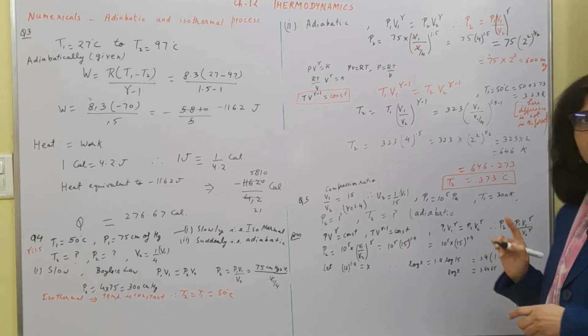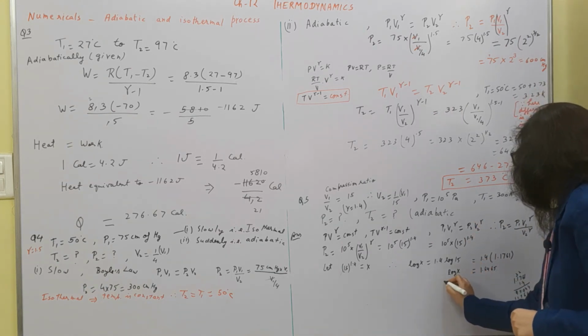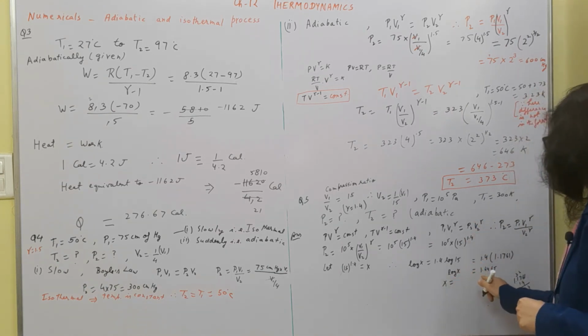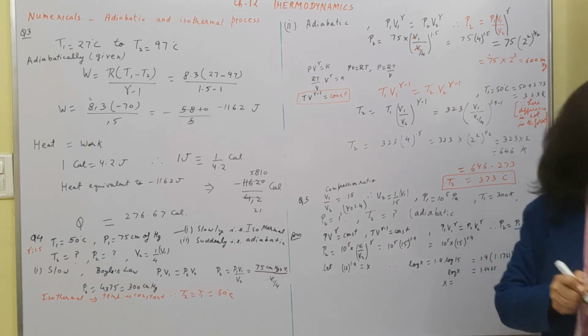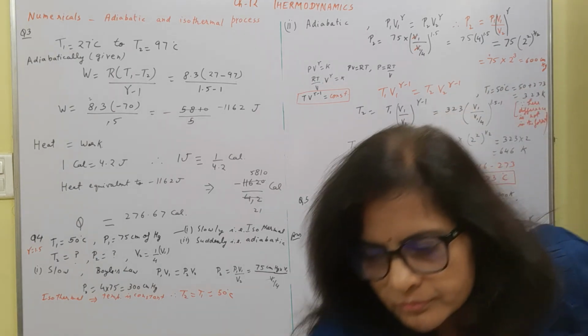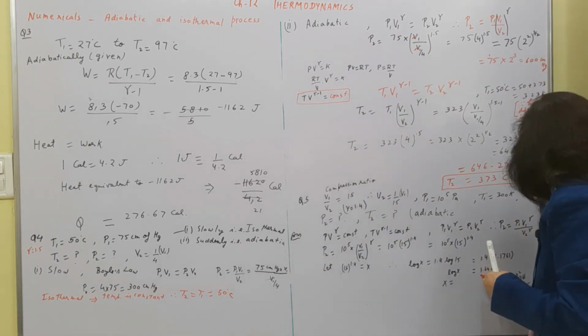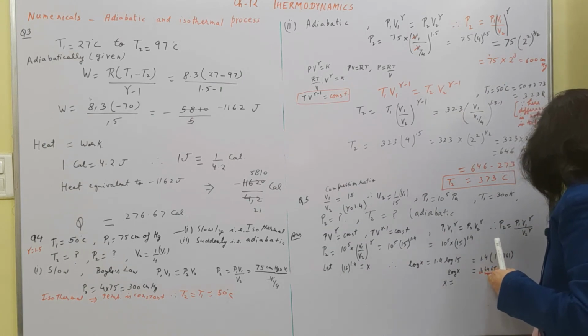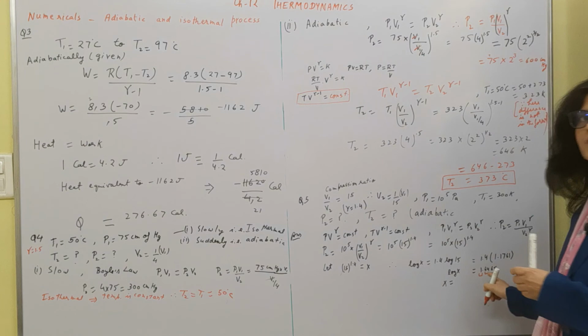Now we'll have to take the anti-log. So we know that for anti-log we will check. This part is called the characteristic and this part is called the mantissa. The characteristic is used to put the decimal and the mantissa is used to see the table.